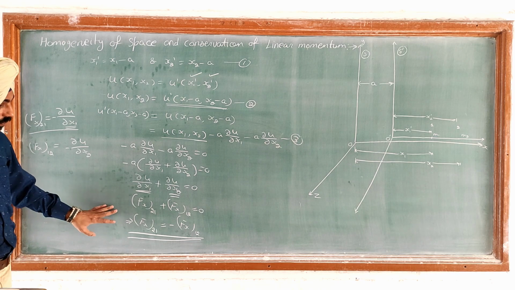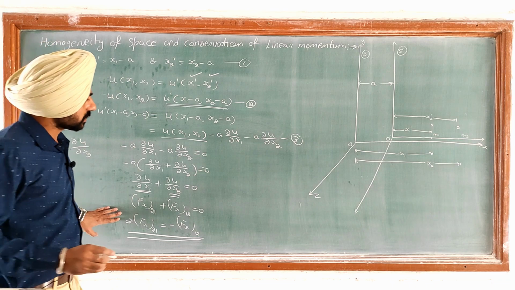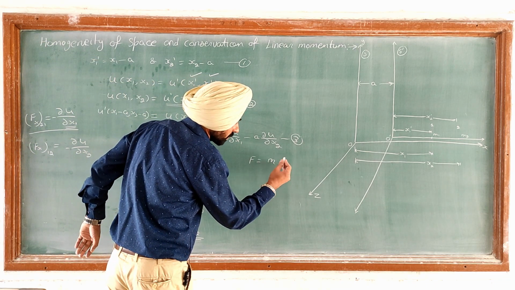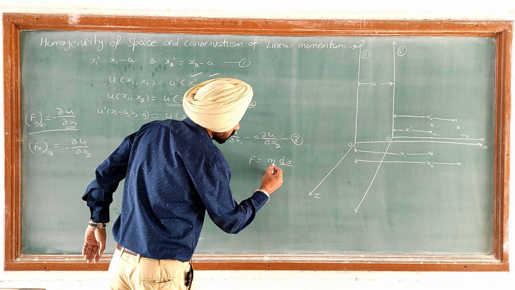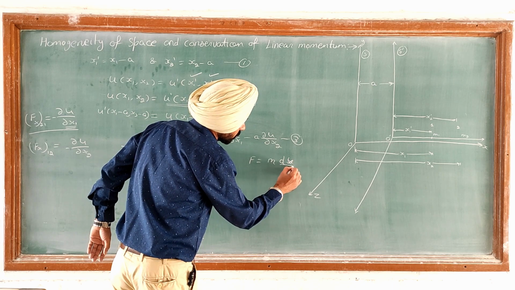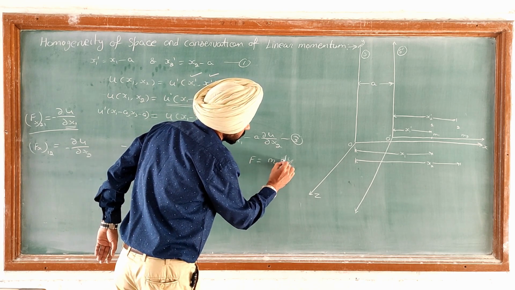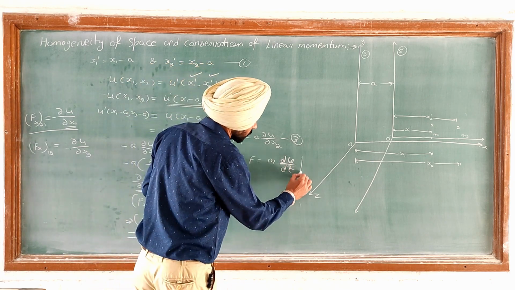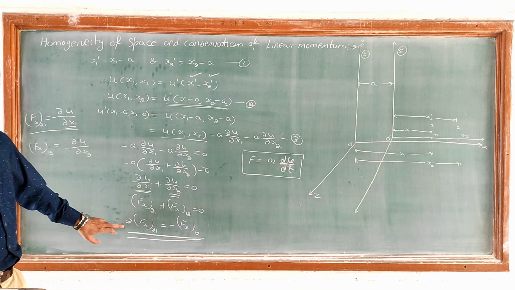Now according to Newton's second law, force is equal to the rate of change of momentum p, that is F is equal to m dv/dt. I am rewriting it again, m dv/dt. So this is the definition of force according to Newton's second law. I will use this definition in this equation.